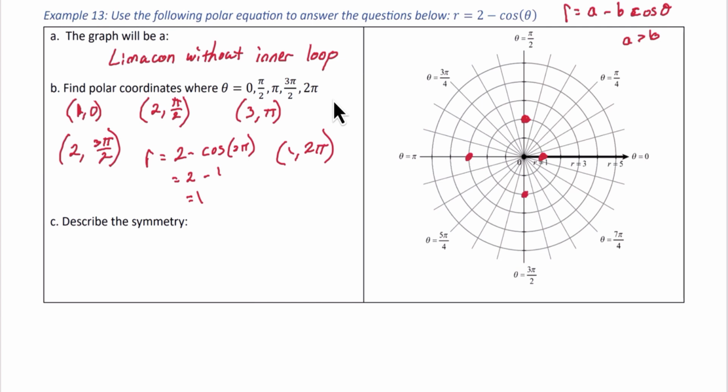And 1, 2 pi. Then we'll just connect the dots. There's a little dip at this point, otherwise it should be a smooth curve. Again, we're just going for a very rough sketch. It looks like we again have symmetry with respect to the polar axis.